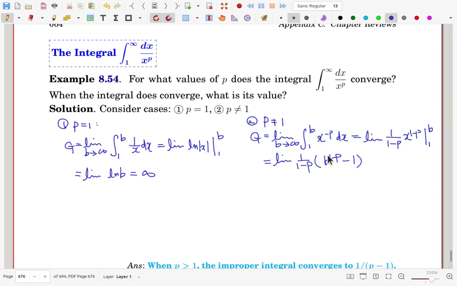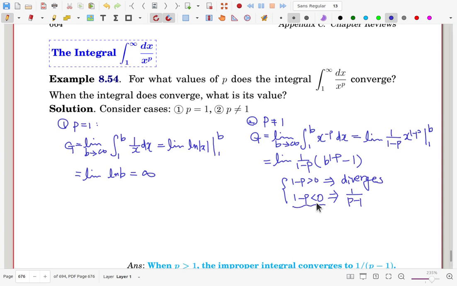Now, for 1 minus p we have two cases. If 1 minus p is positive, then as b approaches infinity, a positive power goes to infinity, so it diverges, right? And if 1 minus p is negative, then as b goes to infinity, it will go to 0, so it is converging to minus of that quantity, which is 1 over p minus 1.